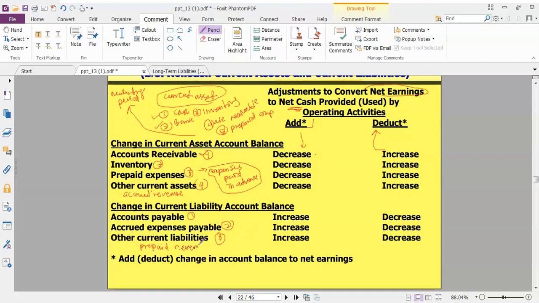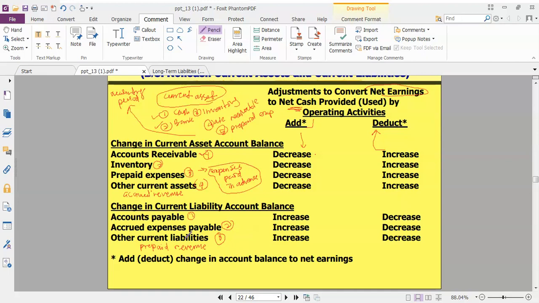What does prepaid revenue mean? Prepaid revenue means that we already received the revenue in advance. That's why we call it prepaid revenue.